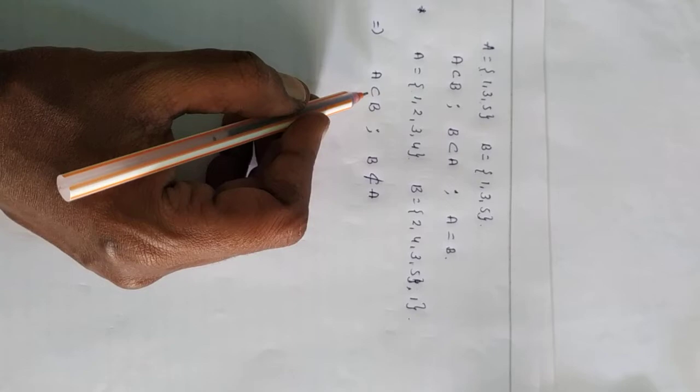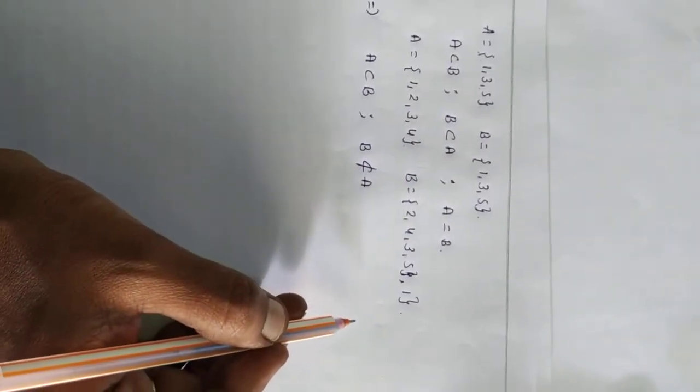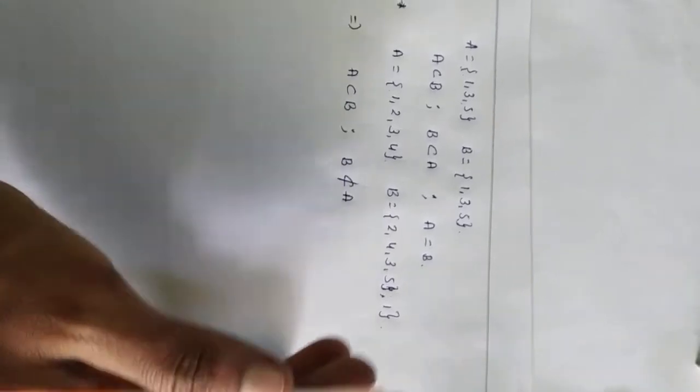So for a subset, it is not compulsory that if A is a subset of B, then B should be a subset of A.